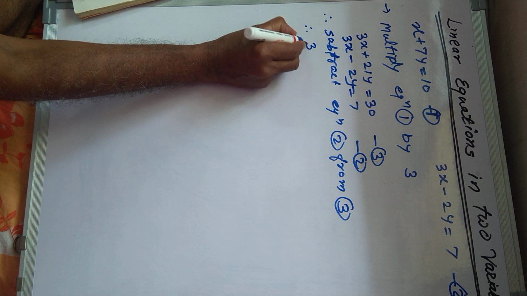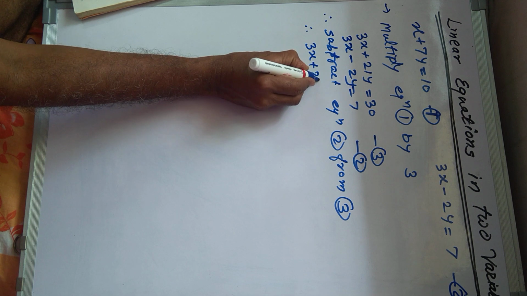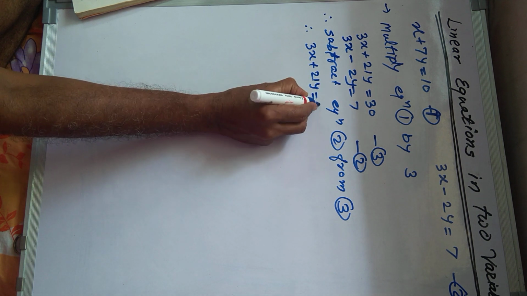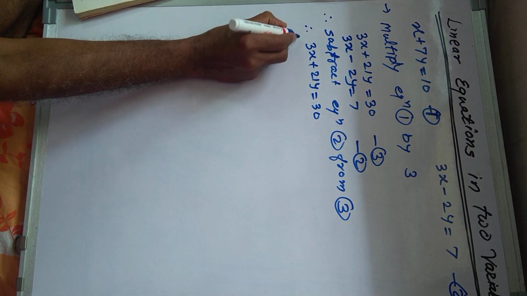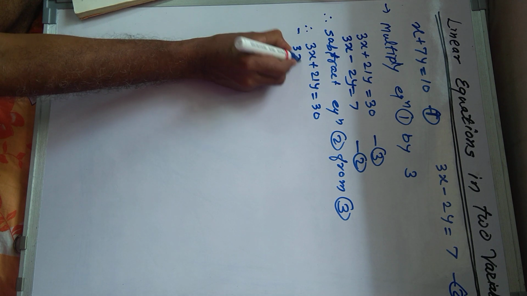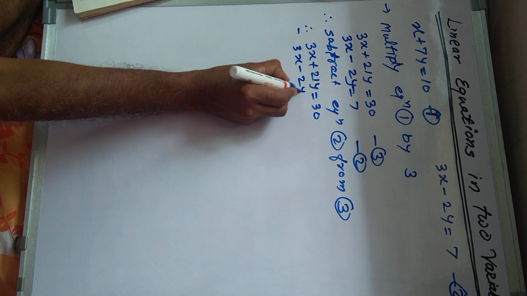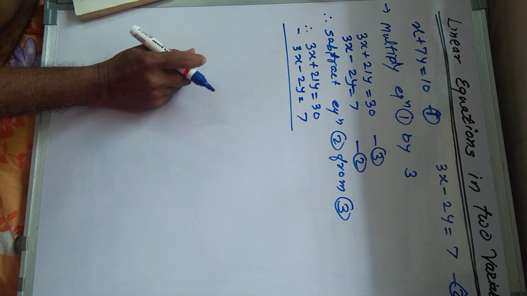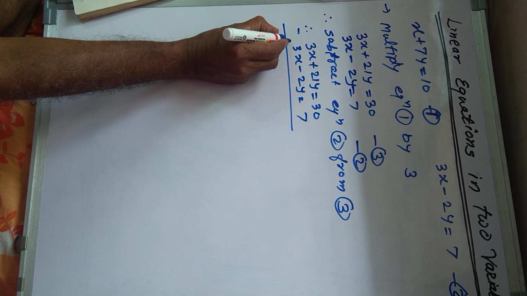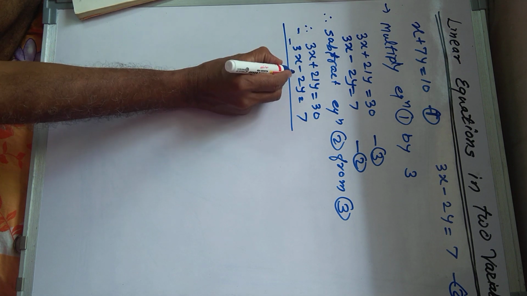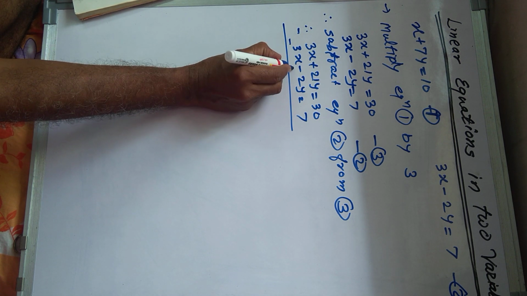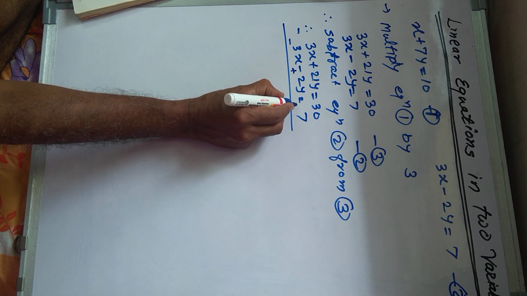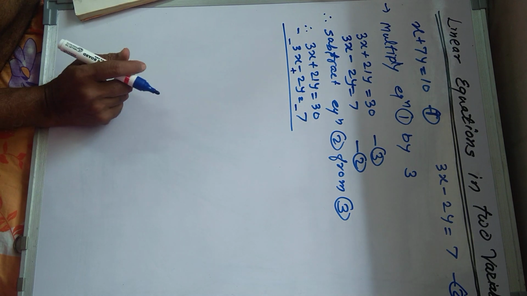Therefore, 3x plus 21y is equal to 30, minus 3x minus 2y is equal to 7. For subtracting, we have to change the sign of each variable of the second equation.